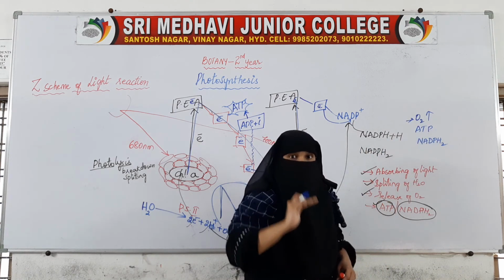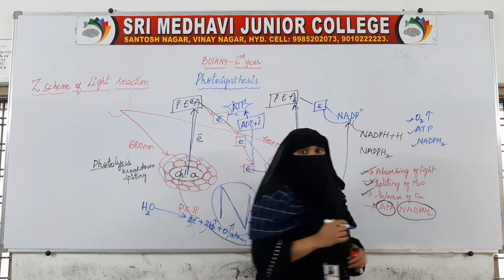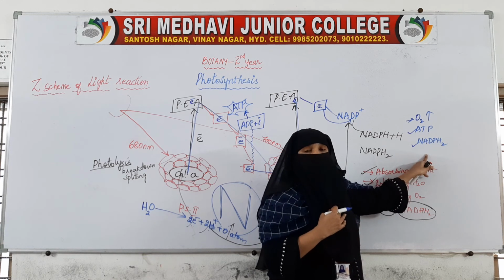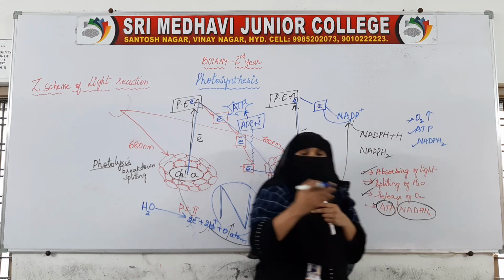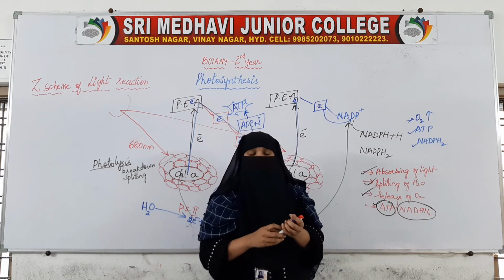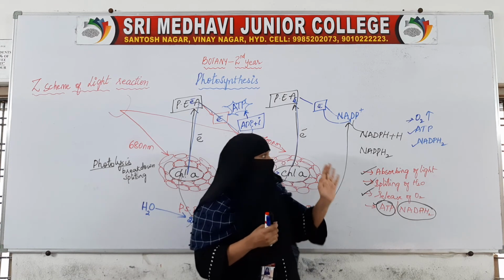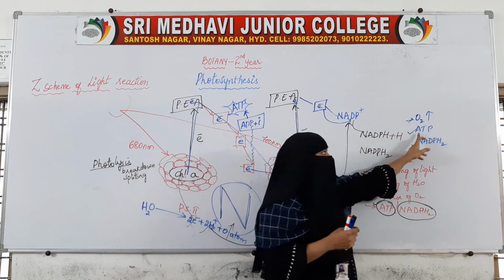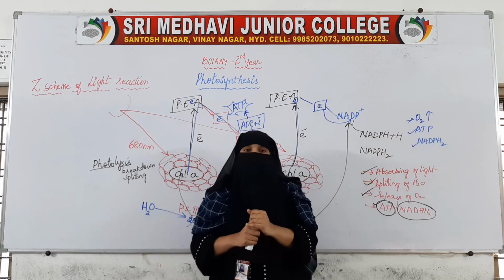The only things present now inside the plant are ATP and NADPH2. With the help of these end products of the light reaction, ATP and NADPH2, the plant enters the next phase of photosynthesis, the dark reaction. So in this light reaction we have got ATP and NADPH2, and oxygen has been released.